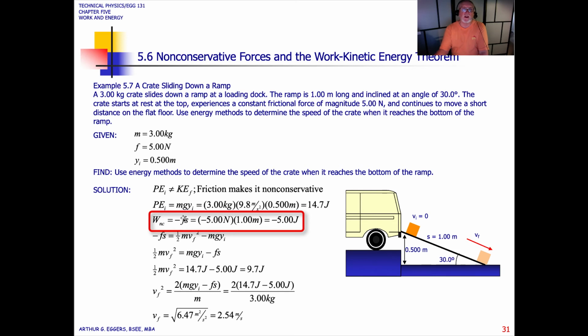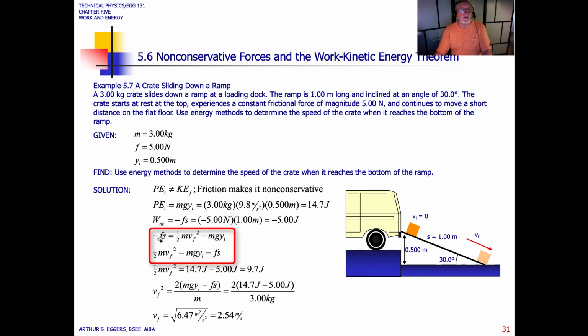It's trying to pull the box back up the ramp: minus 5 newtons times the distance. We're going to use s instead of x. So we have minus 5 times 1, which gives us minus 5 joules. You can see the non-conservative force is taking away from the conservative force.